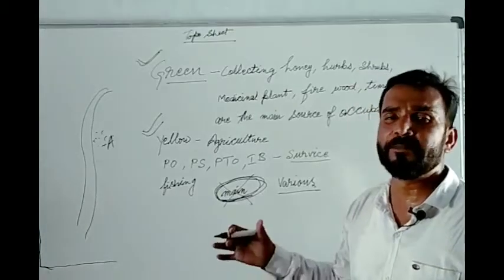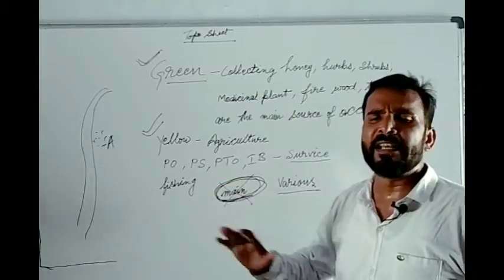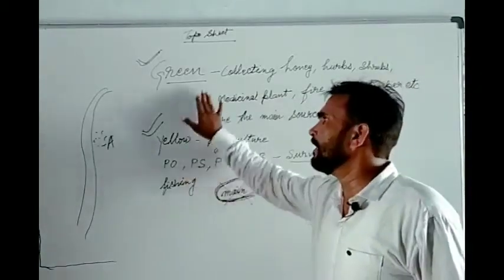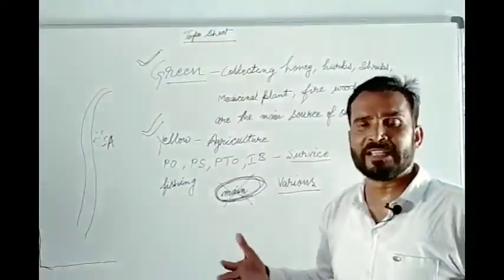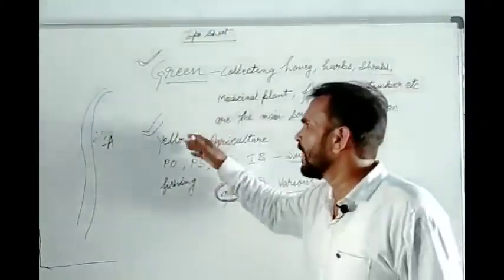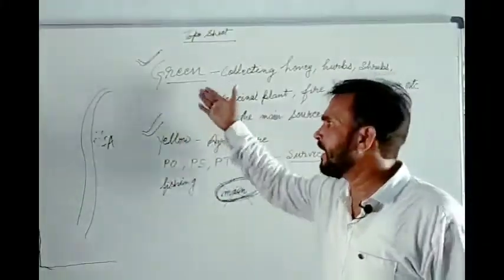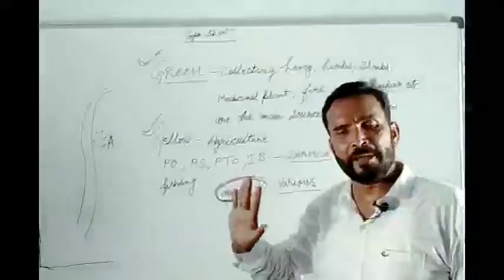All the possibilities we will see. If various occupations they are asking, then it is clear these two will be there, sure. Because I have seen in both the maps, 45D/7 and 45D/10, these two are given, everywhere you will get the green color and yellow color. So these two will be common, everywhere you have to write.